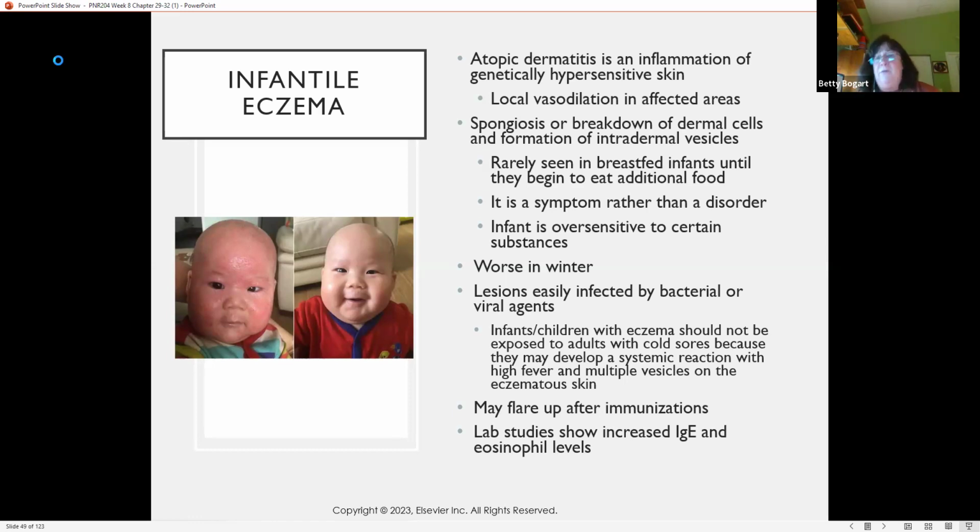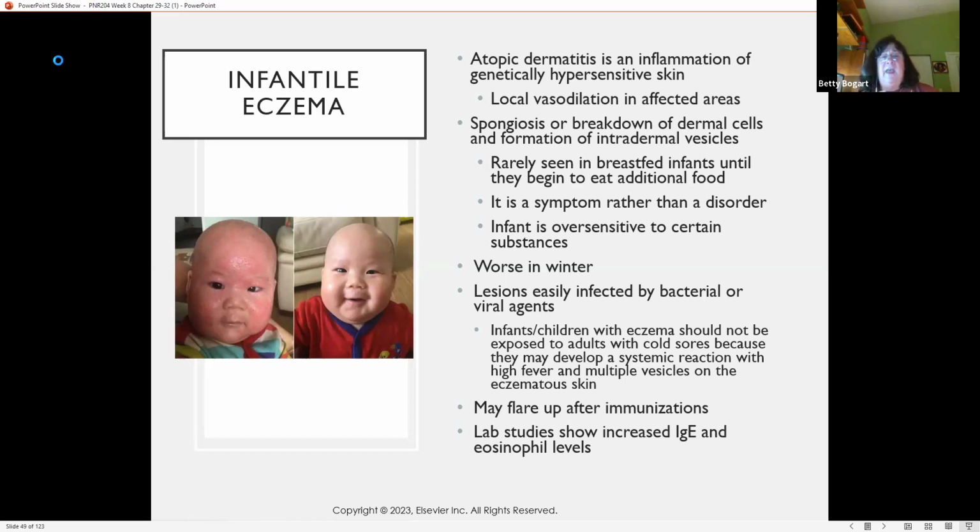We know it's worse in the winter because you're drier in the winter too, right? These things can open, become juicy, and they can become infected. Bacterial, you think of the infection, but sometimes it can be viral. And if it's on the skin, it can go systemic, okay?